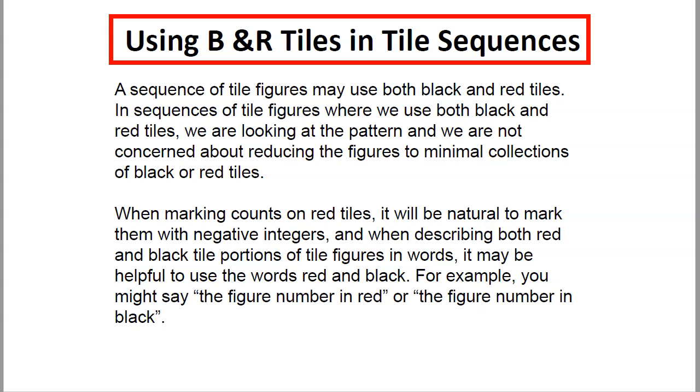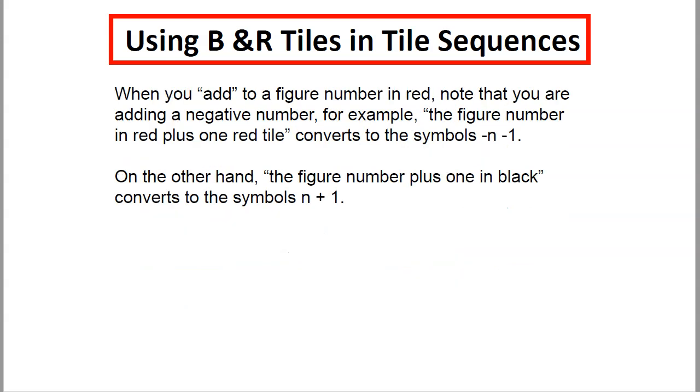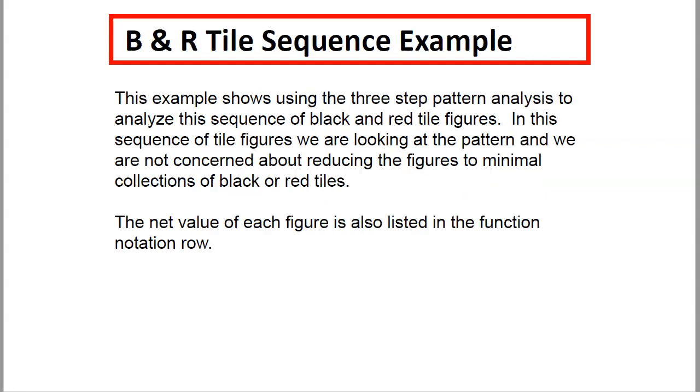And when describing both red and black tile portions of the tile figures in words, it may be helpful to use the words red and black. For example, you might say the figure number in red or the figure number in black. When you add to a figure number in red, note that you are adding a negative number. For example, the figure number in red plus 1 red tile converts to the symbols negative n minus 1. On the other hand, the figure number plus 1 in black corresponds to the symbols n plus 1.